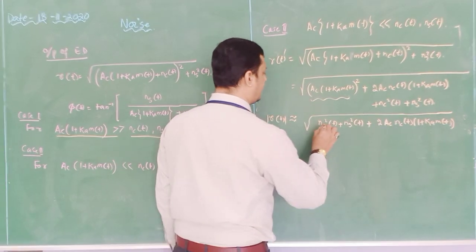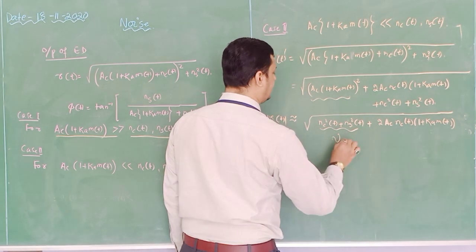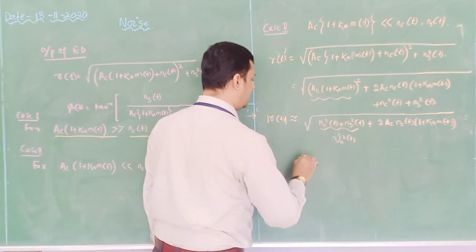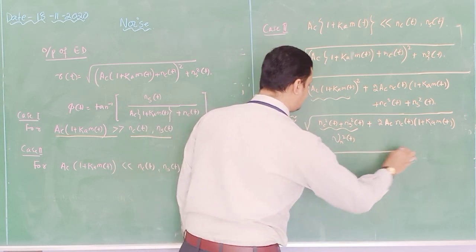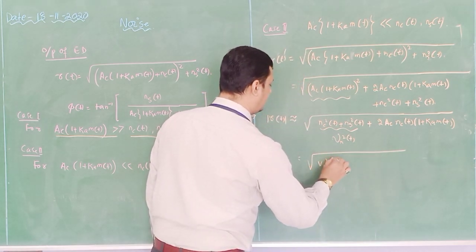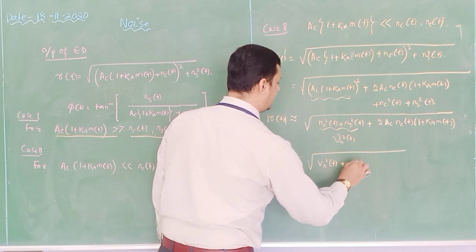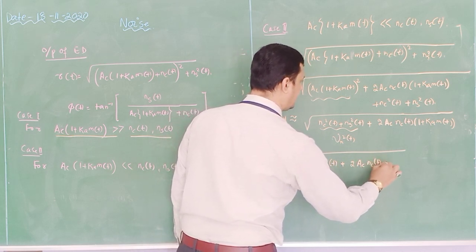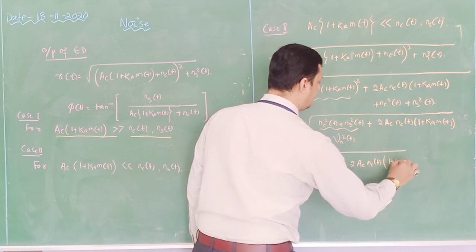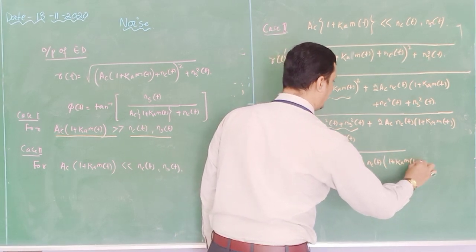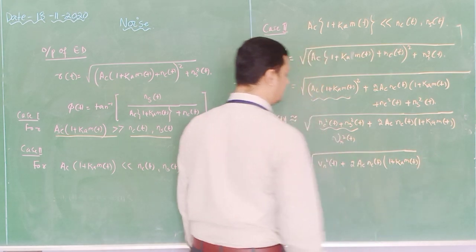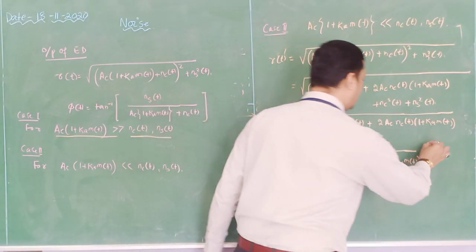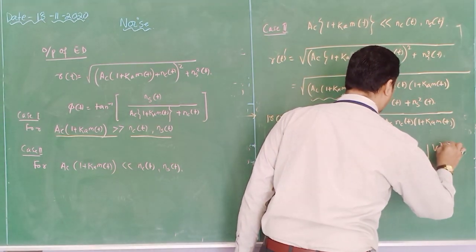So we have to consider this. Now let us consider these two components as Vn square of t. What I will write is Vn square of t plus twice AC NC of t whole into (1 plus K_a m of t). Done. What is my Vn square of t?